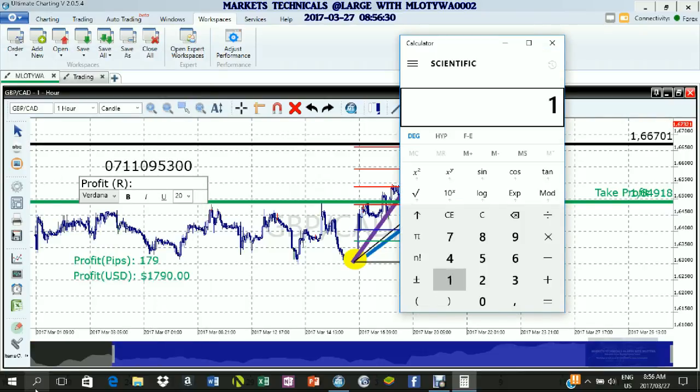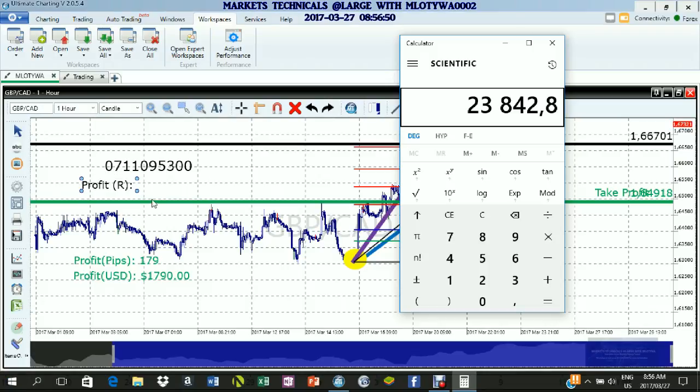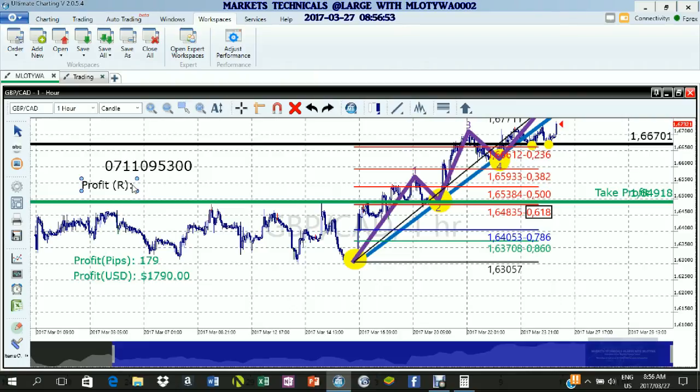Profit in rands, that will be $1,790 multiplied by 13.32. That will be 23,842 rand 8 cent.